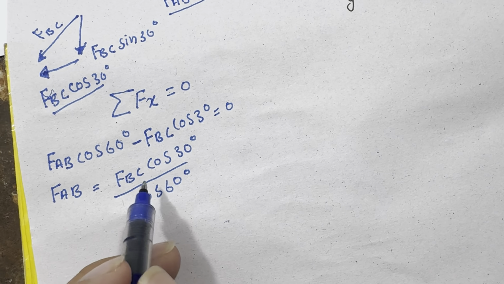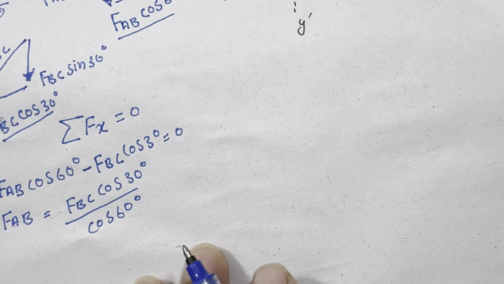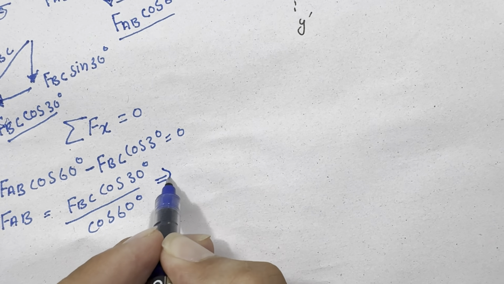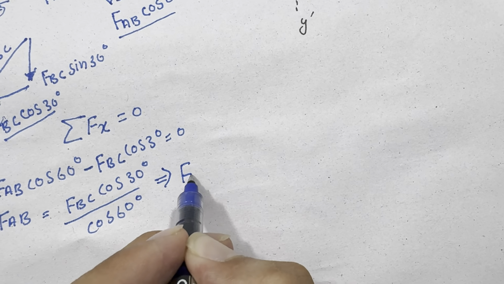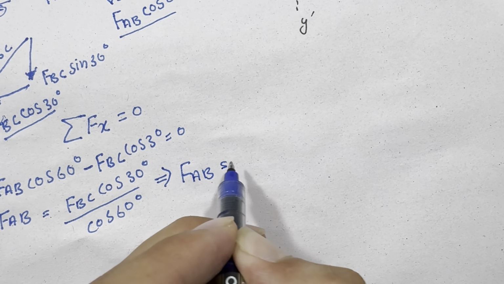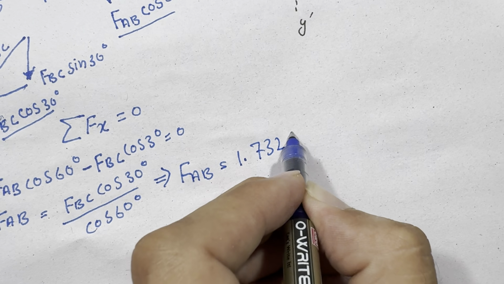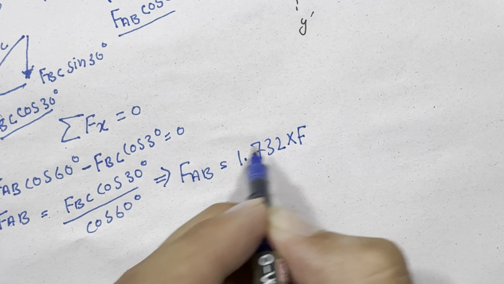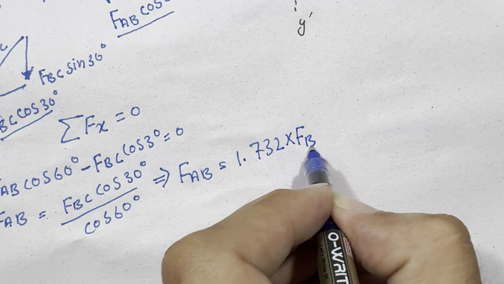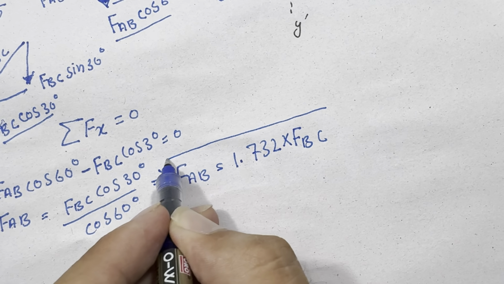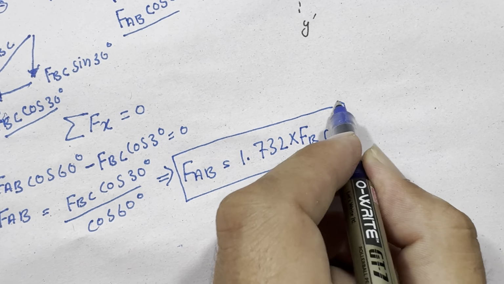If I calculate cos 30 divided by cos 60, FAB will become equal to 1.732 multiplied by FBC. Okay, so let's say this is my equation 1.